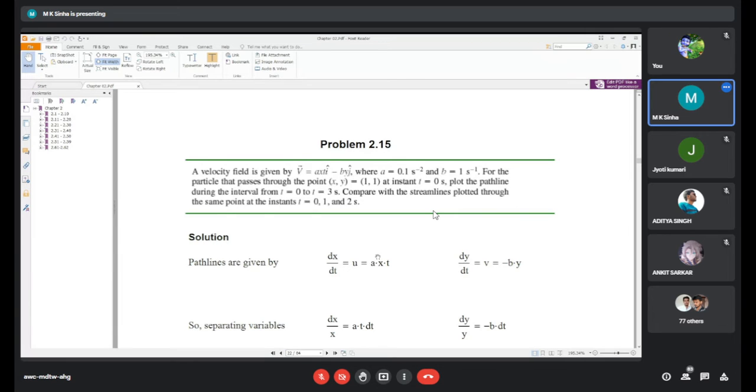In this interval, compare with the streamline plotted through the same point 1, 1 at the instant 0.